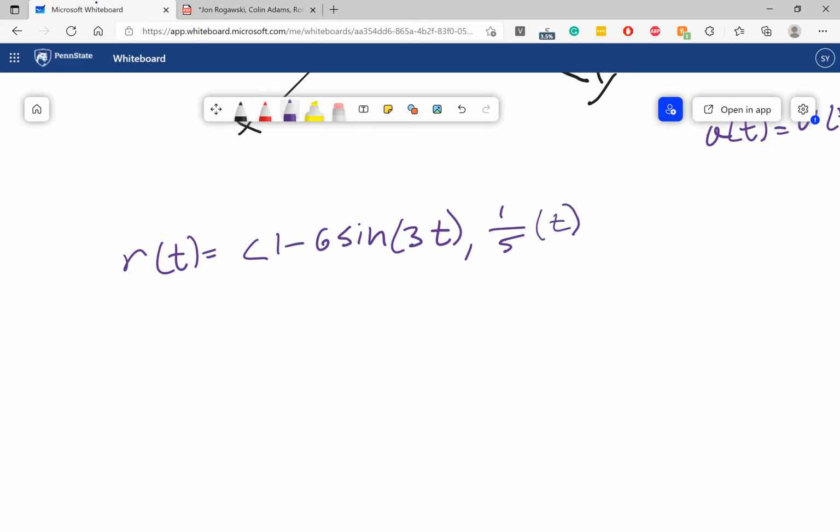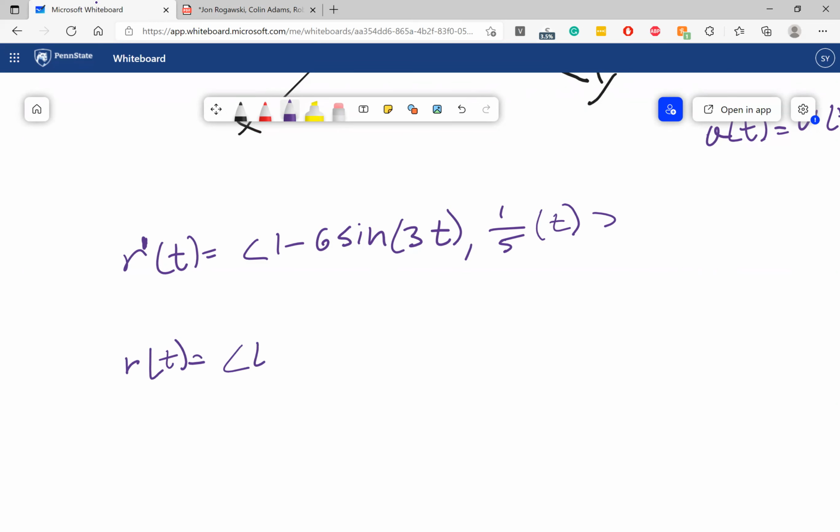So this is r prime of t. Okay, so what is R of t going to be? You can take these integrals or you can just look at the antiderivative.